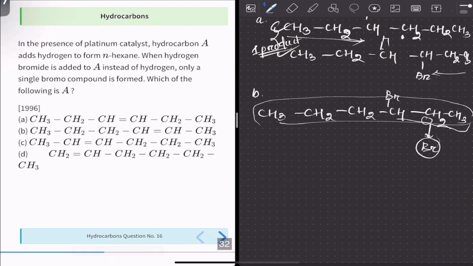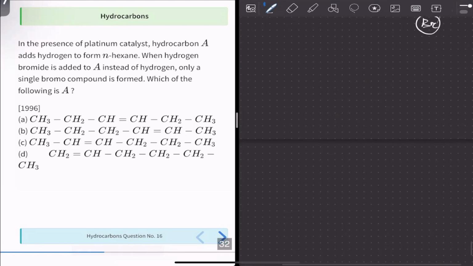So it is not satisfying the question. Option B is incorrect, as it is producing two different compounds. Option C is the same as B. Look at the position of the double bond. It is at the same position, that is the second position. So option C will also be incorrect.